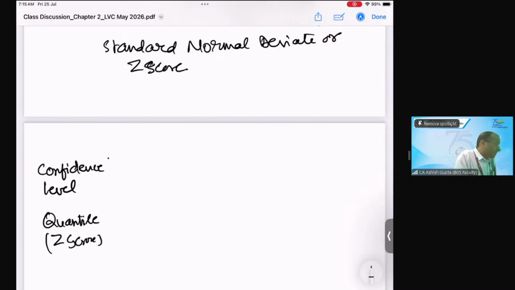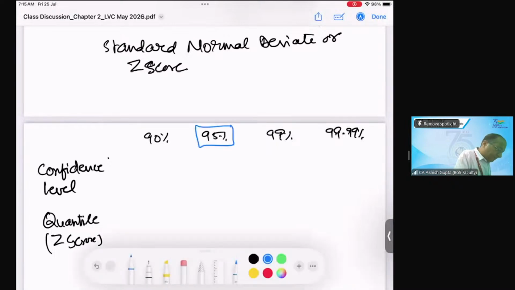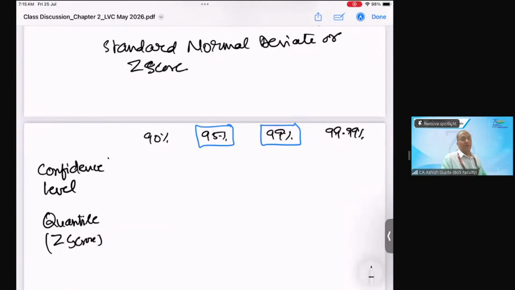Now, if I say I want a confidence level of 90%, 95%, 99%, and 99.9%. The popularly used confidence levels are 95% and 90%. These are the most commonly used Z scores, or we can say confidence levels. Now, what are the equivalent values?